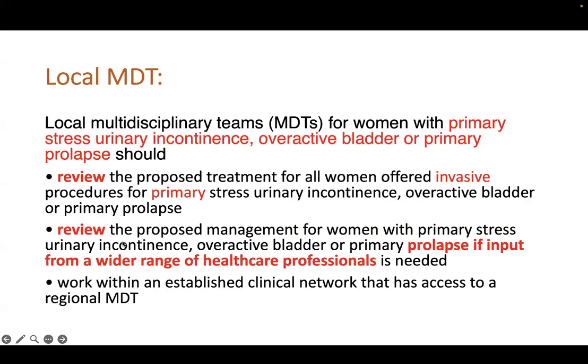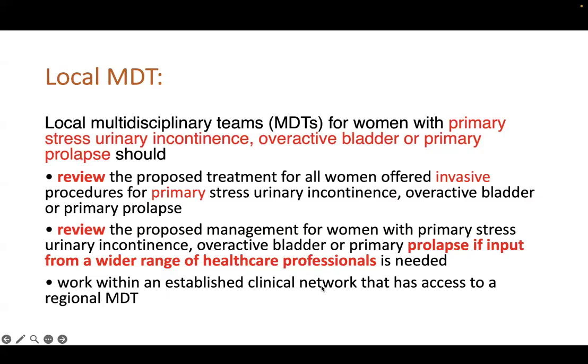And if the patient has any other problem like obesity, you need to send the patient to other specialties like a nutritionist. So this patient is reviewed by the local MDT.